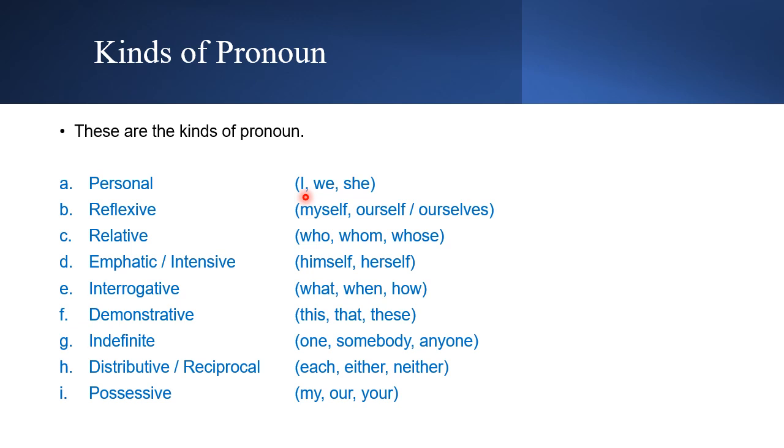So, for example, anything that is about I, we, she, anything about human beings is personal pronoun. These are also personal pronouns. Remember, in English grammar, sometimes different categories apply to one thing. You remember when we talked about the noun.